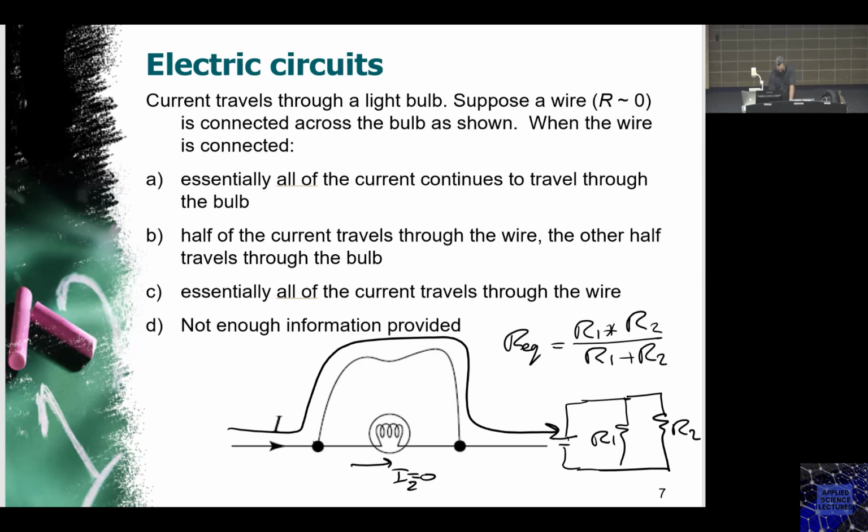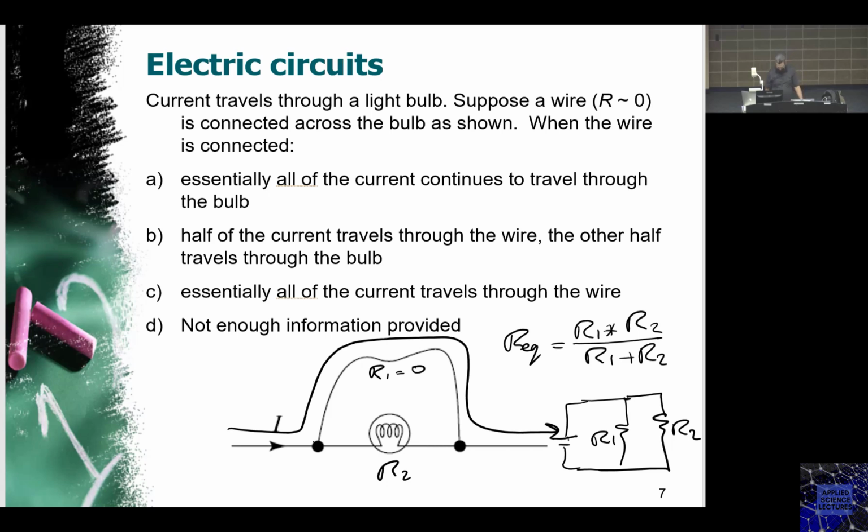Now, if you assume that in this case, this wire is R1 that has zero resistance, and this light bulb is the R2 that has a finite resistance, R2.